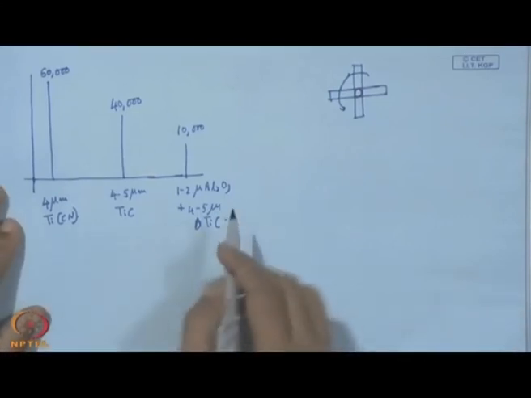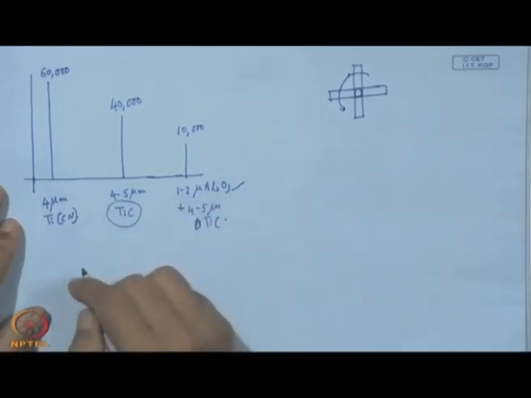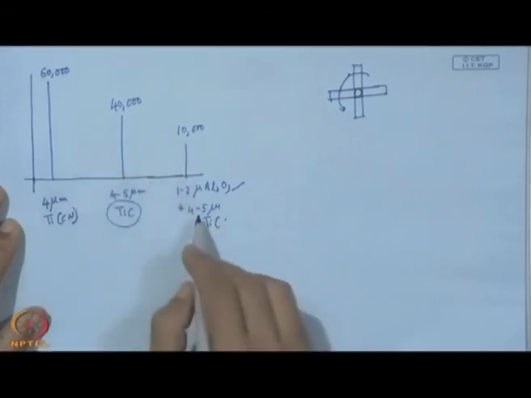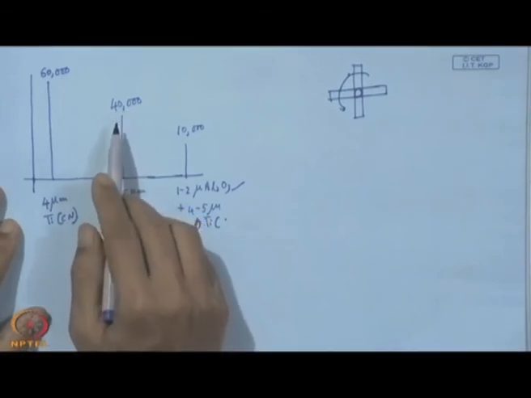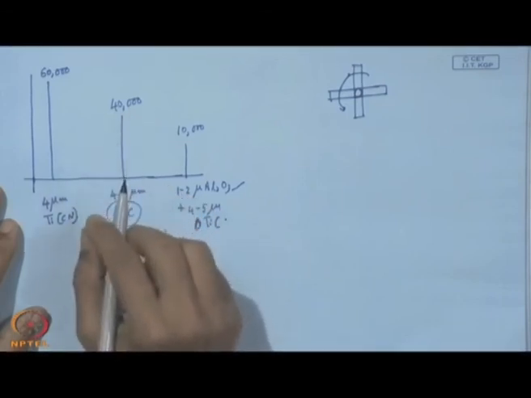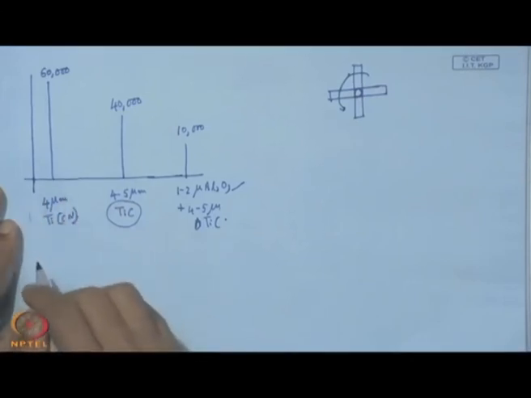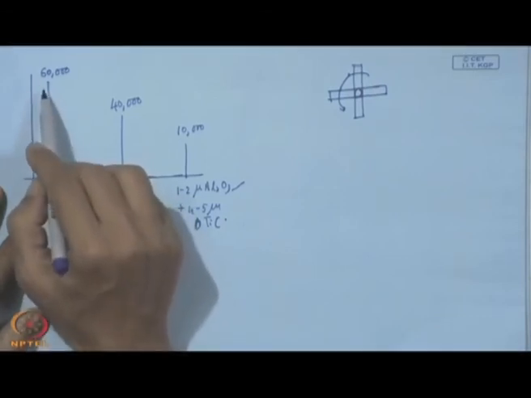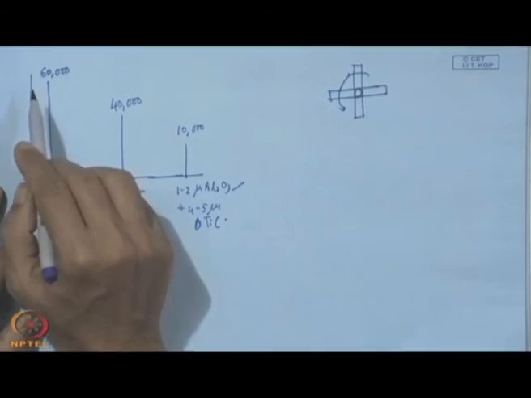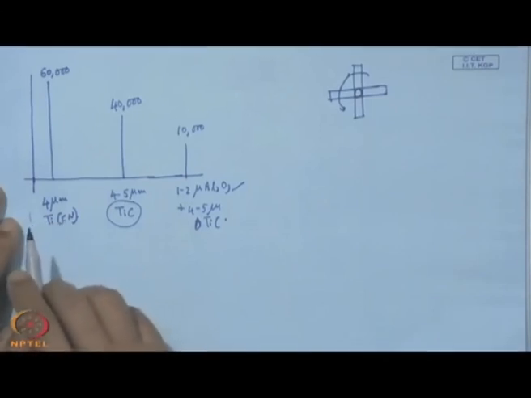Now, since it is aluminum oxide, naturally its toughness will be less than that of TiC, and that is why we find that this can receive 40,000 impacts, and then only it shows the fracture or edge chipping, whereas this 4 micron coating of equal thickness can receive shock up to 60,000 impacts before it shows some sign of edge chipping.